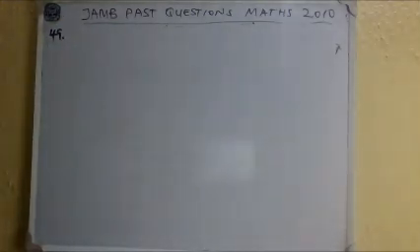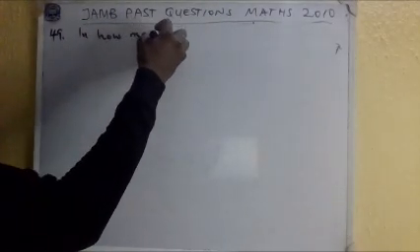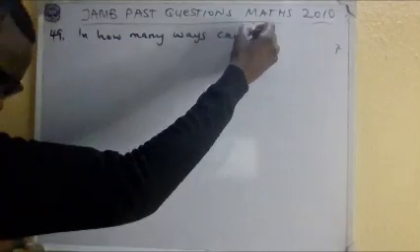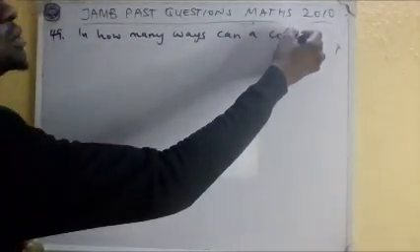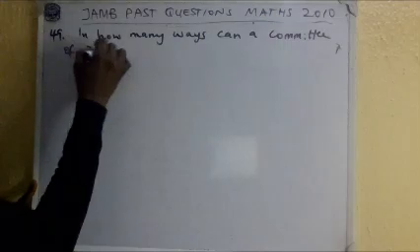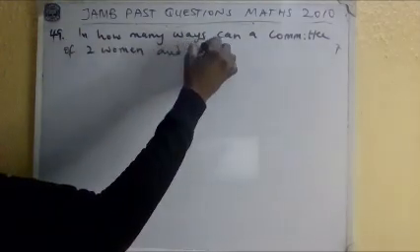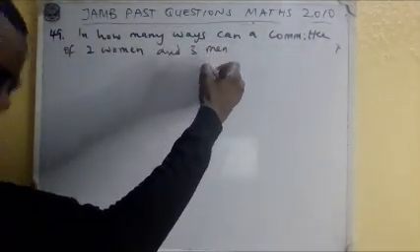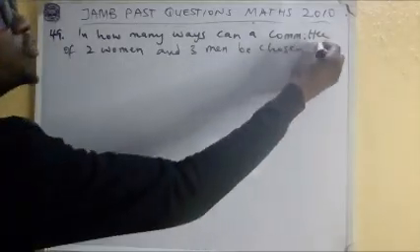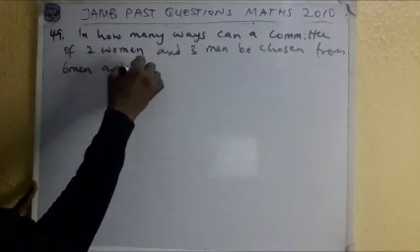In how many ways can a committee of 2 women and 3 men be chosen from 6 men and 5 women?